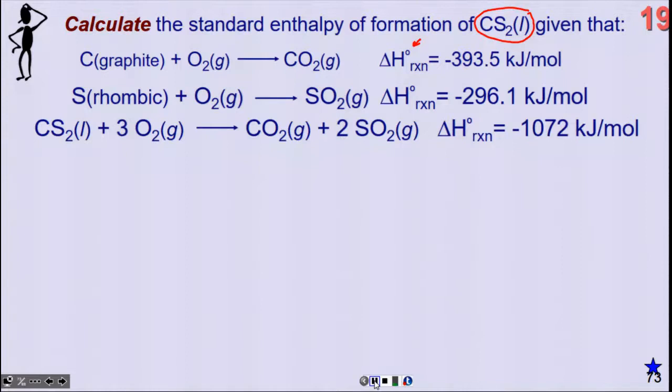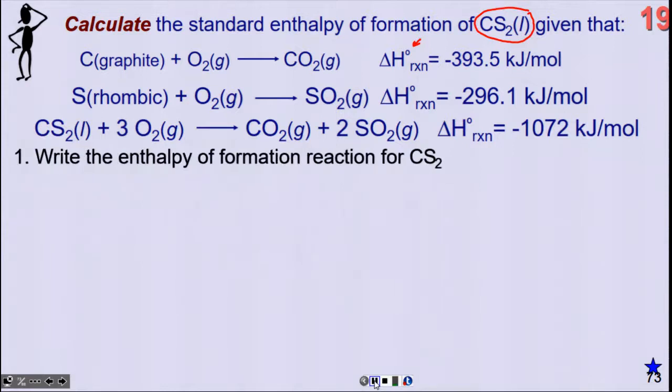The CS2, carbon disulfide, with oxygen can react to make CO2 and sulfur dioxide, and that's the third reaction here, with an enthalpy change for that reaction shown as well. It's not a heat of formation because we're not just making something from elements in the standard state, but it's a standard enthalpy change for things in standard states.